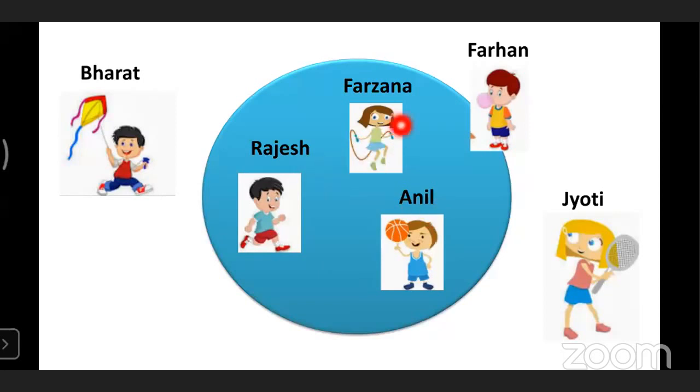Anil, Rajesh, and Farzana are playing inside the circle. Bharat and Jyoti are playing outside of the circle. And Farhan is just standing on the boundary of the circle. He is not inside, he is not outside. He is standing on the circle, right?